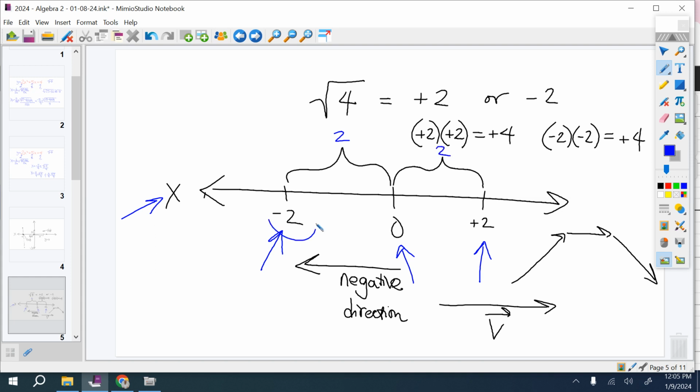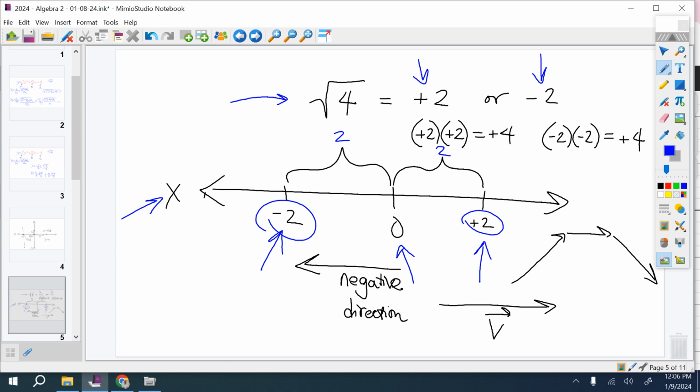But this number here, -2, is on the left side of 0, and the number +2 is on the right side. They're different numbers. When we're asking about square roots, we're saying what number multiplied to itself will give me 4? Well, there are two possible answers, either +2 or -2.